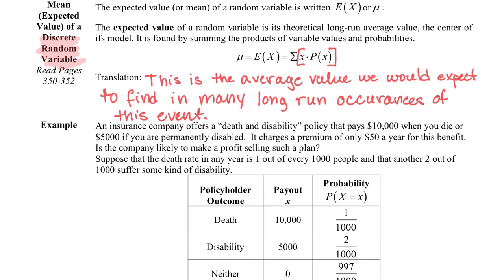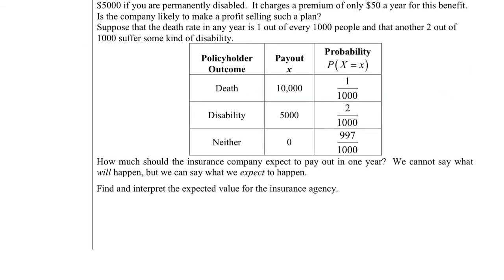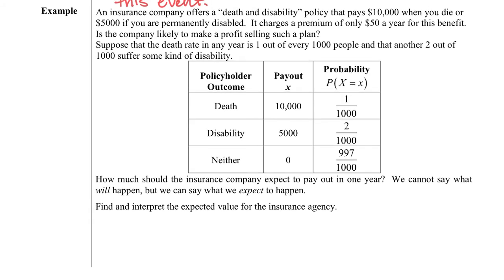So let's go ahead and take a look at our first example. We've got an insurance company that's offering death and disability policies that pay different values if you die, if you're disabled, or what happens if nothing, how much will they pay out if nothing bad happens to you? So obviously they're not going to pay out anything. So we've got a probability model here.